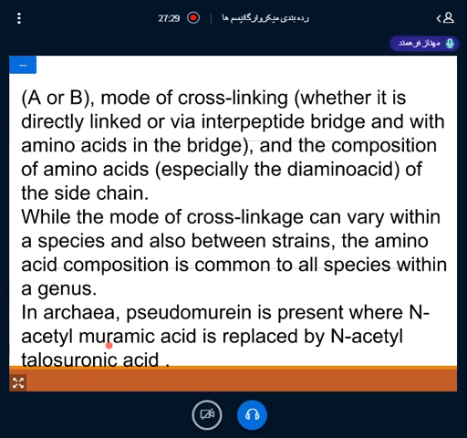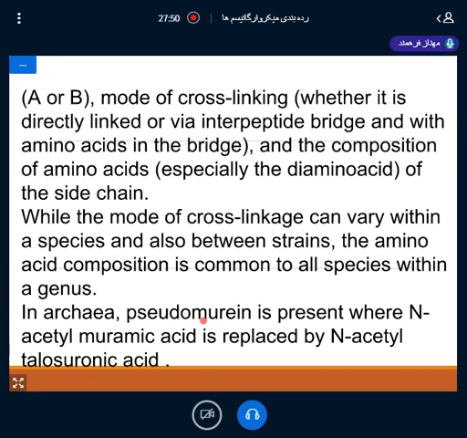In archaea, pseudomurein is present, where N-acetylmuramic acid is replaced by N-acetyltalosaminuronic acid. So here you can see another variation between bacteria and archaea.